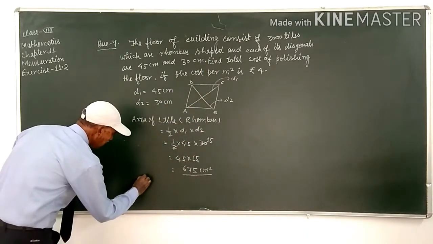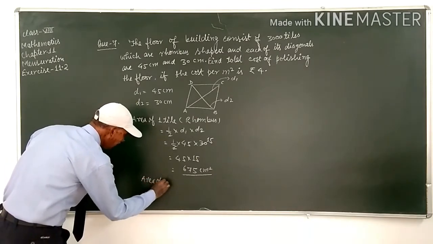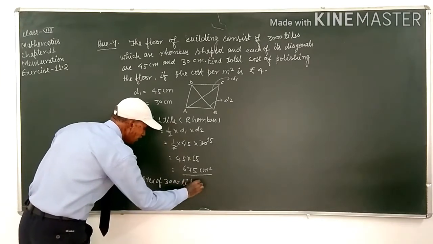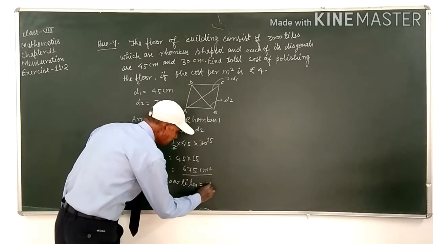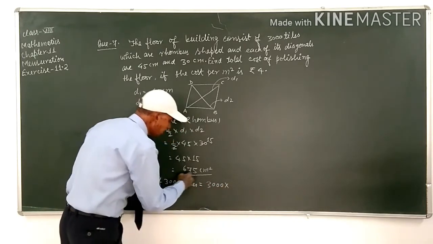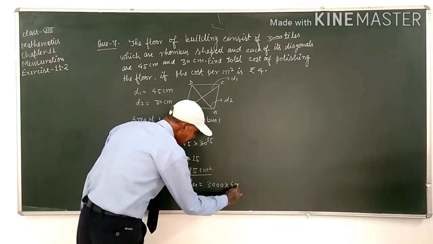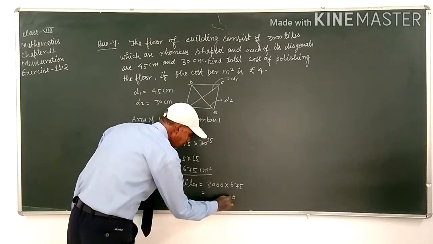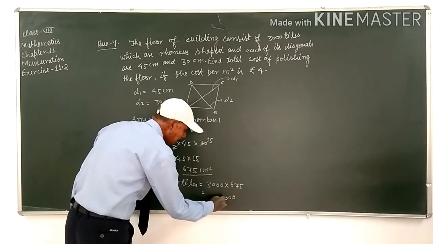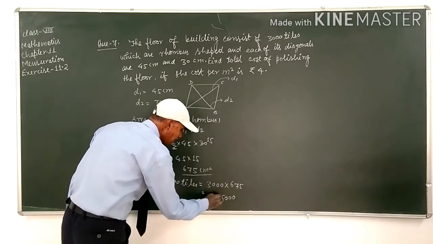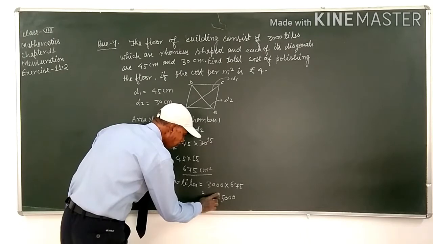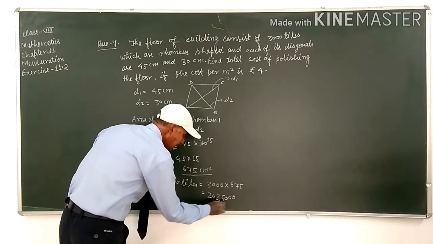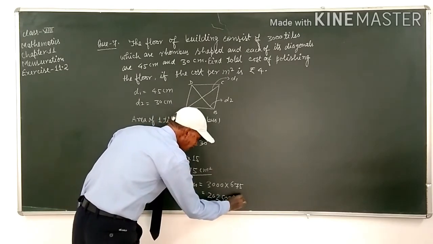Clear, students? So the area of 3000 tiles will be 3000 into the area of one tile, that is 675, and it will be 2025000 centimeter square.